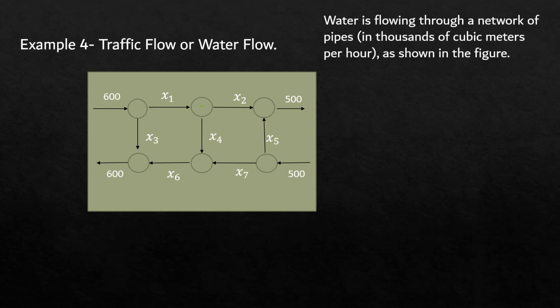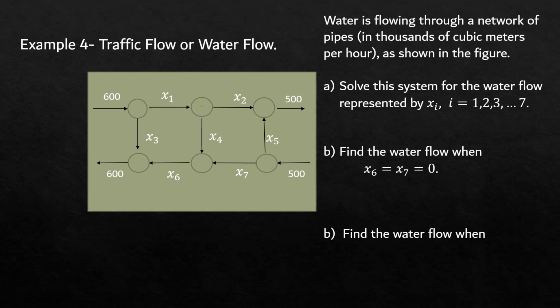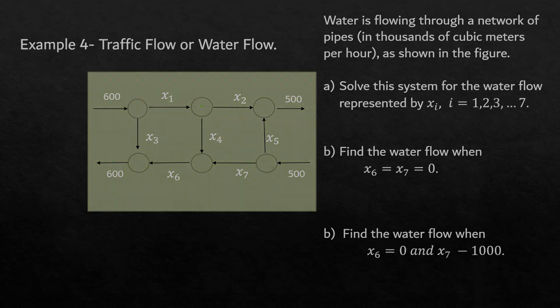Treating these as junctions and these as branches, we get a system of equations. The question is to solve the system for the water flow representing x1 through x7. You have to find the water flow when x6 and x7 are 0, and when x6 is 0 and x7 is negative 1000.